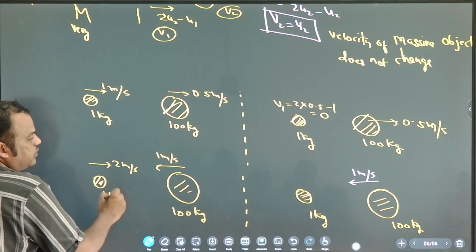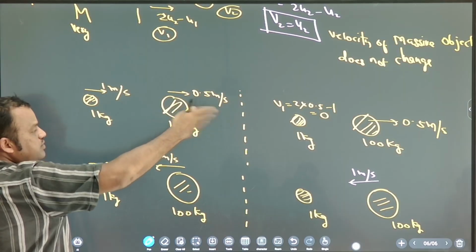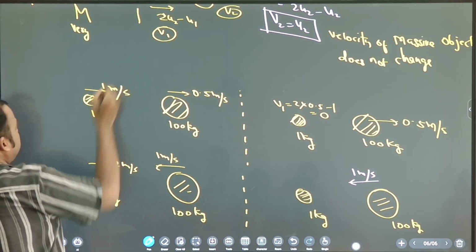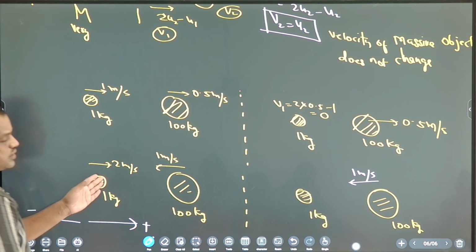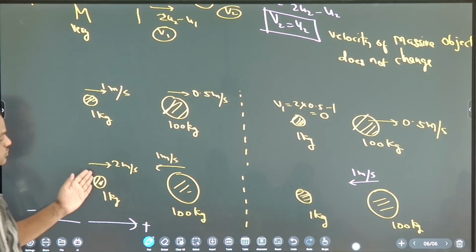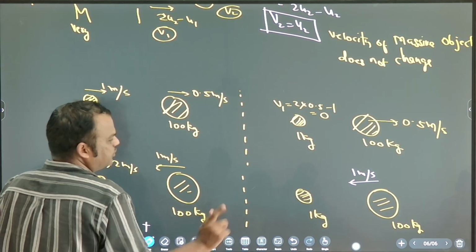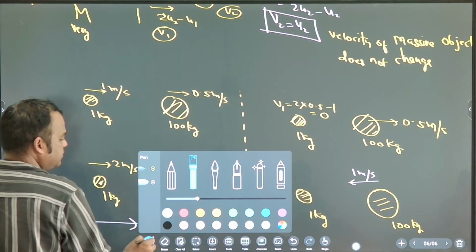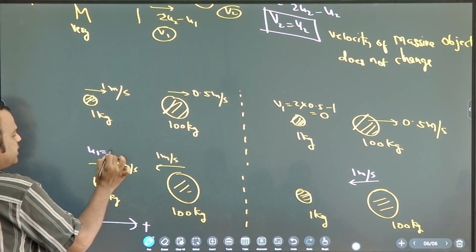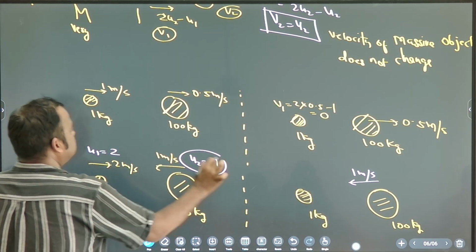Okay, now calculate the value. Sign convention: plus means right side, minus means left side. Remember, right side means plus, left side means minus. U1 is plus 2, U2 is minus 1.